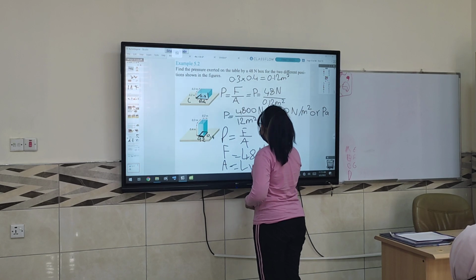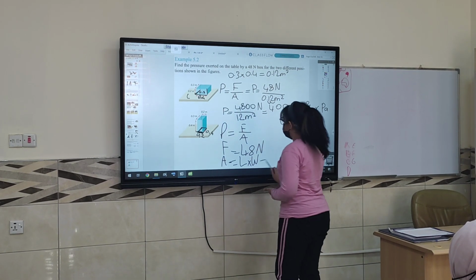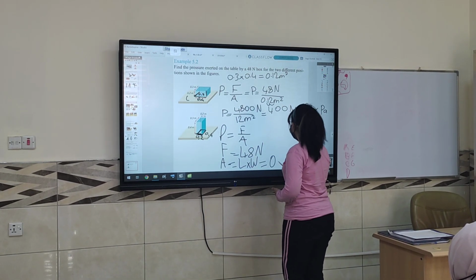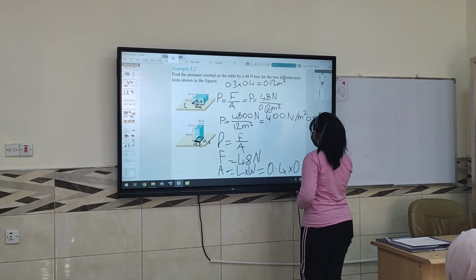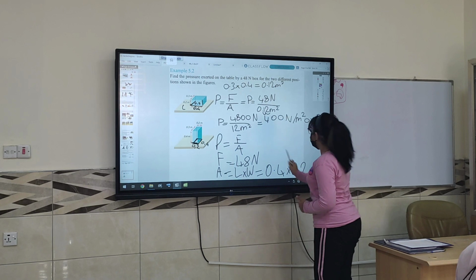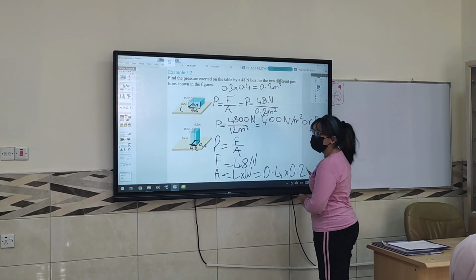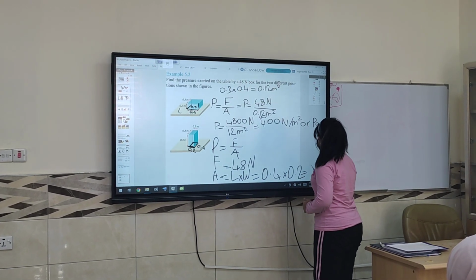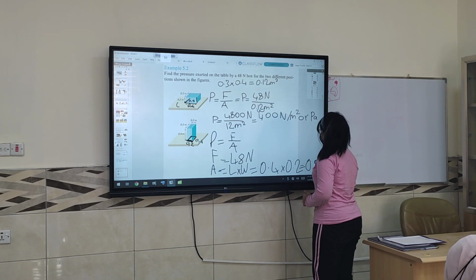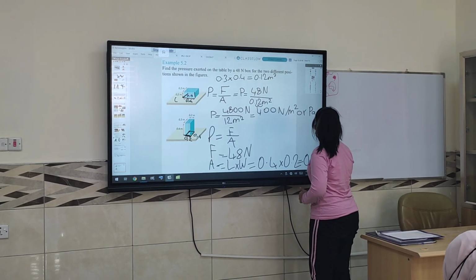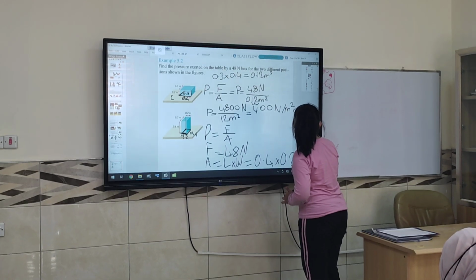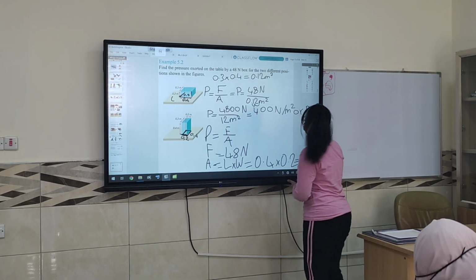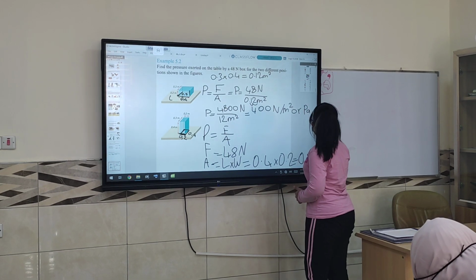Area equals length times width, which would equal 0.4 times 0.2, which would be 0.8. No, no, 0.08. Am I right? Yes.